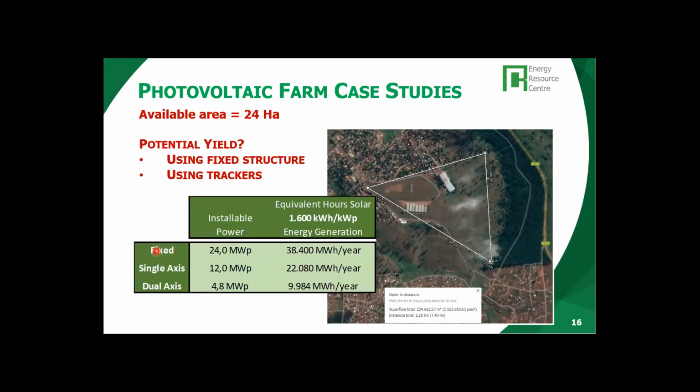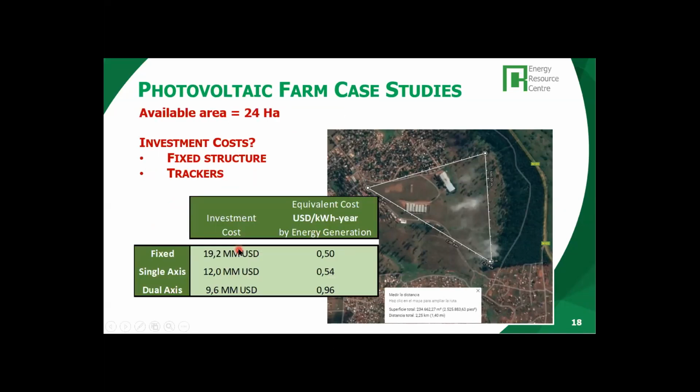Remember, it's 24 versus 12 or 8. The fixed system will be more expensive, obviously. We need to spend roughly $19 million. If we go for single axis, $12 million. If we go for dual axis, approximately $10 million.